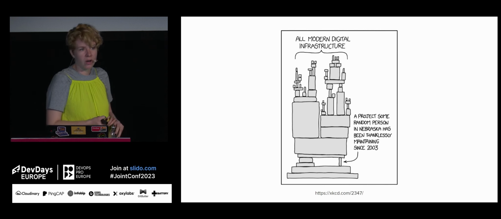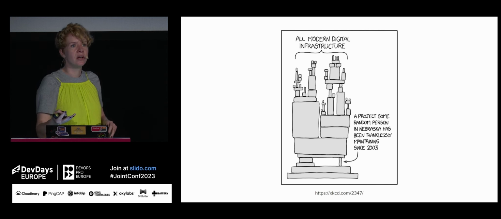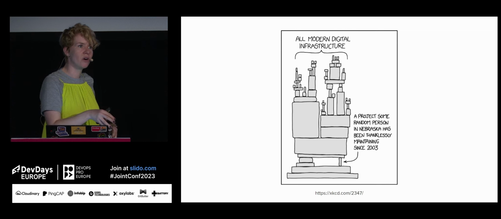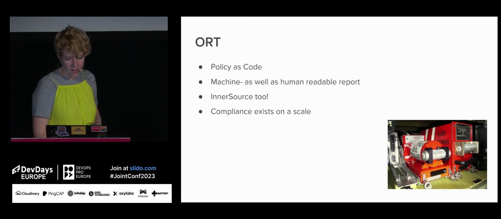Or the bus factor, right? All of these things. We're relying on all of these components, but do we really know if they're healthy and they will be there for posterity? So ORT will also need all source code so that it can create an archive, and you can fall back to that once something topples over.